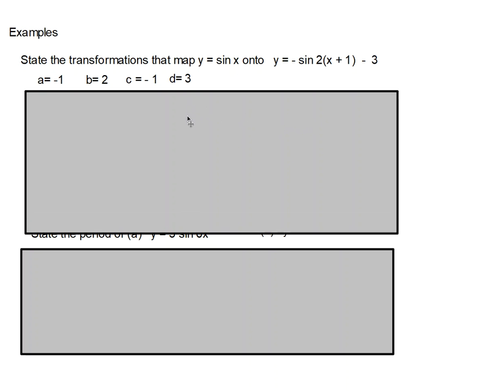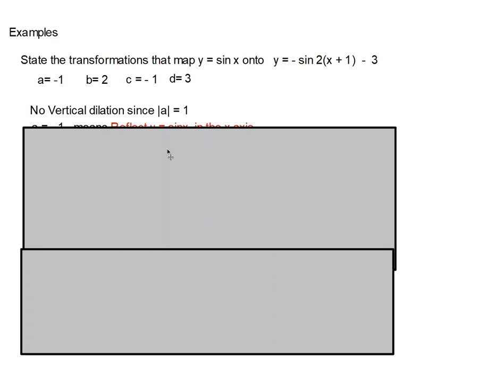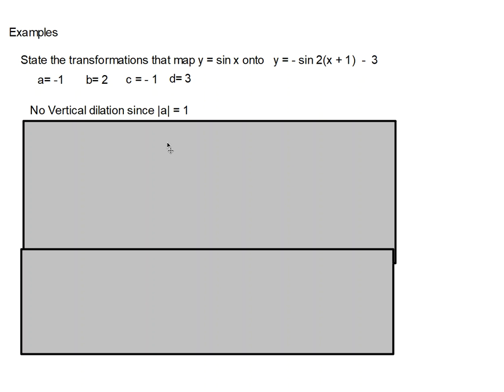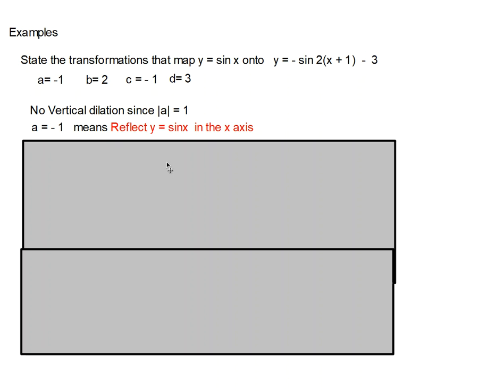We can identify the general numbers. A is -1, B is 2, C is -1, because this is x take -1, and D is -3, that should be a mistake there. So there's no vertical dilation since the absolute value of A is 1. But the -1 means that we must reflect y equals sine x in the x-axis first.